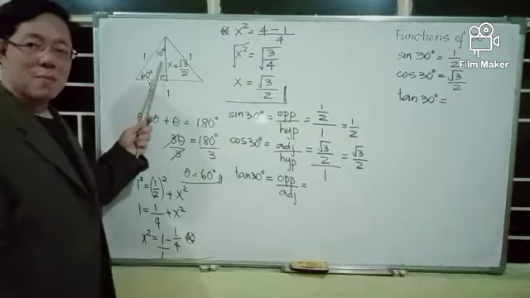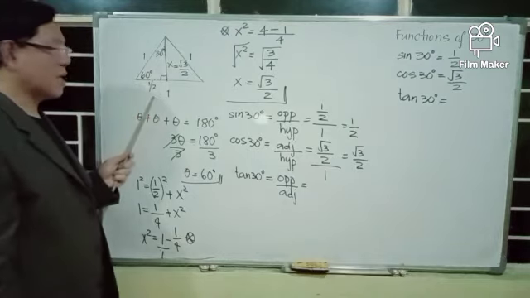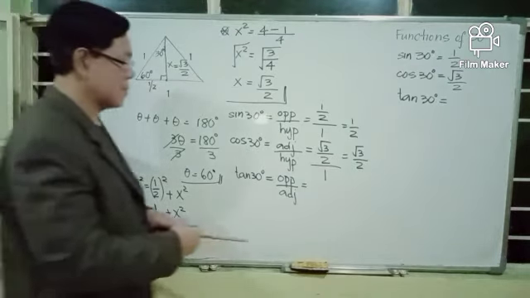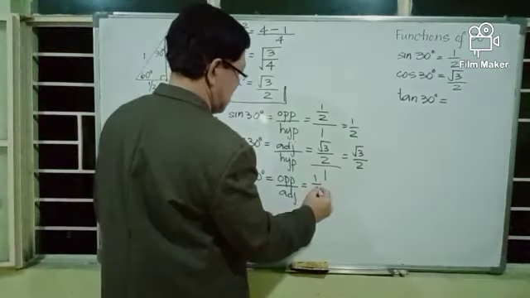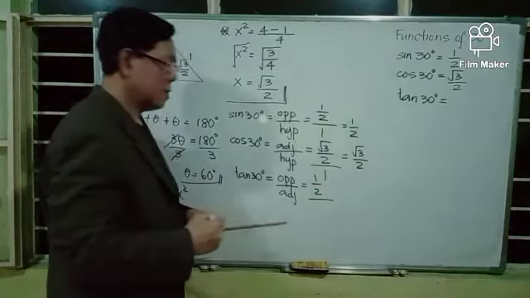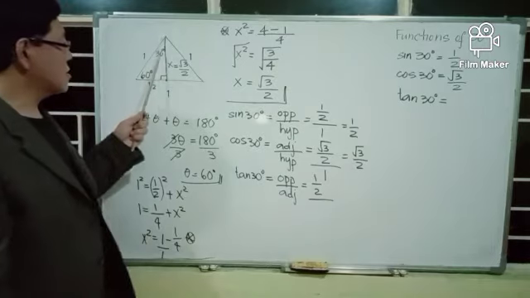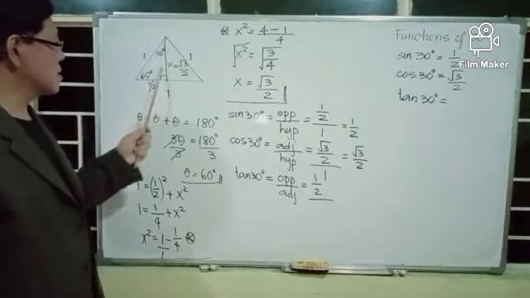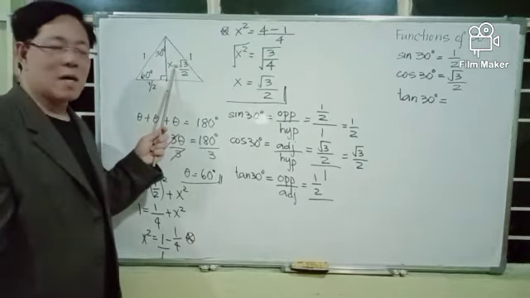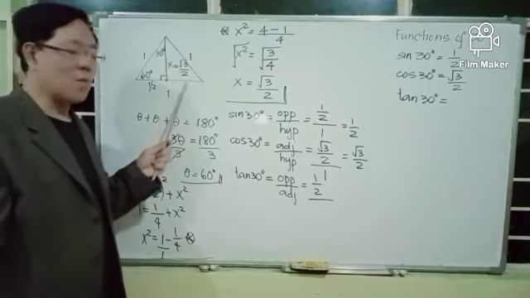From our diagram, the side opposite 30 degrees has a length of 1/2, divided by the adjacent side. The side adjacent to 30 degrees, which is this side denoted by x, has a length of square root of 3 over 2.